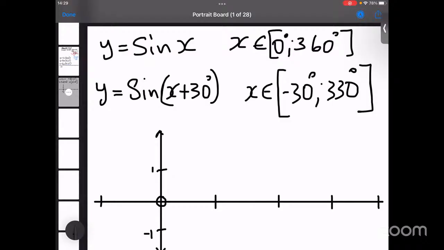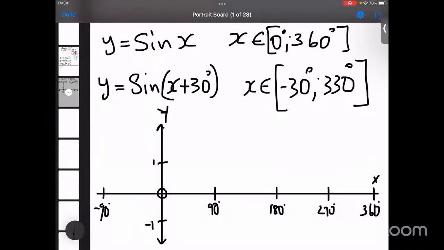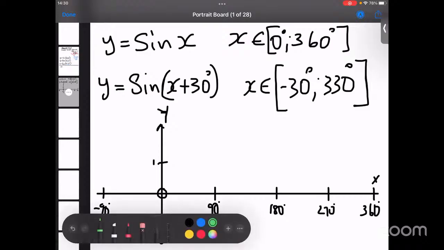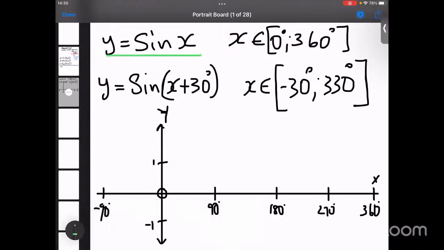So let me write it down: 90 degrees, 180 degrees, 270 degrees, and then 360 degrees, and this one would be negative 90 degrees. Can you see that is the y-axis and that is the x-axis? I have already worked out the critical points for that first function.